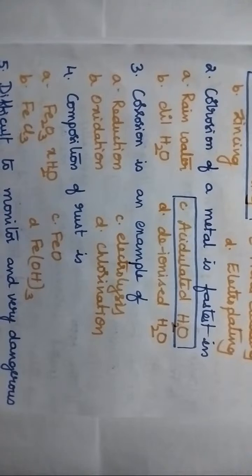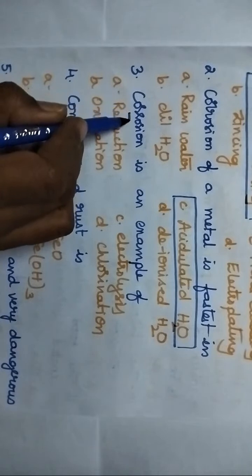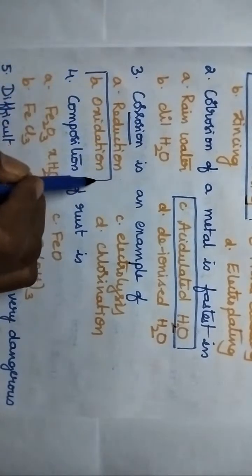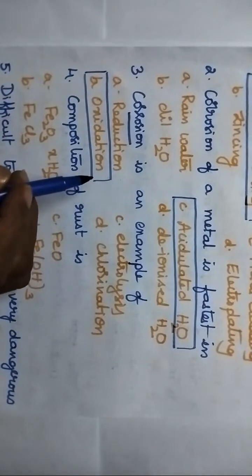Sai, very good. Ramadurga, check your answer. Sriram, very good. Undoubtedly, corrosion is an oxidation process. So, option B is the right answer.